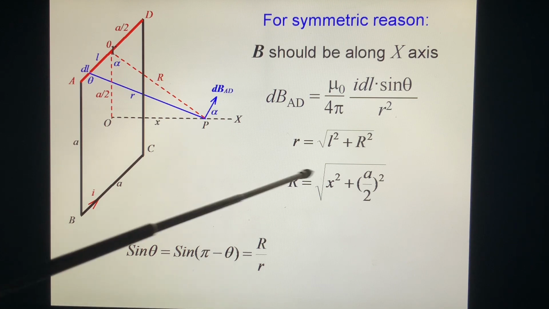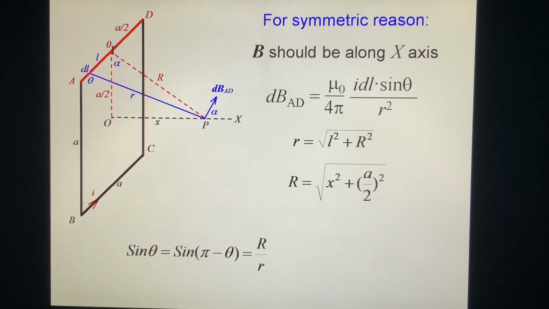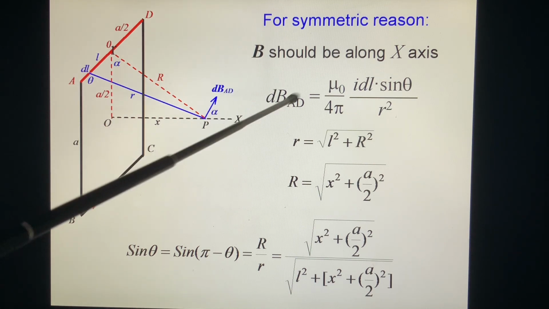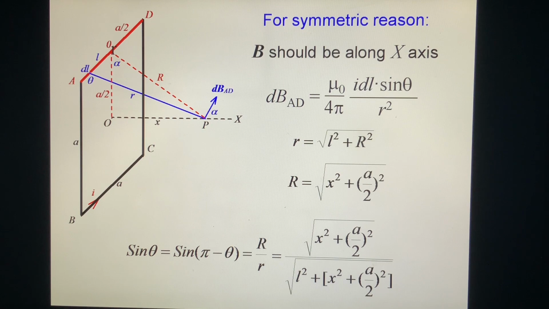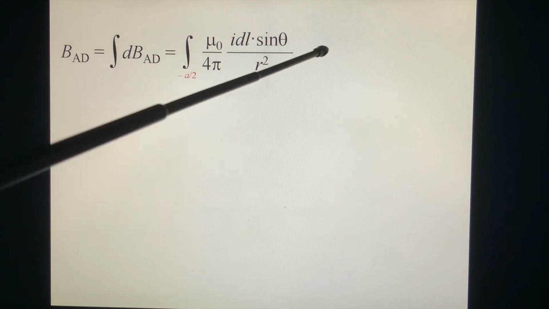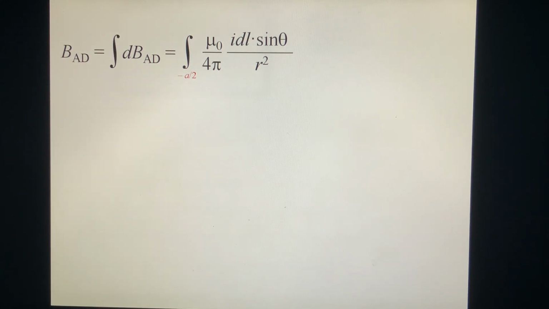So we put everything inside, we get dB along the direction. Then we do the integration, with l from minus half A to positive half A.